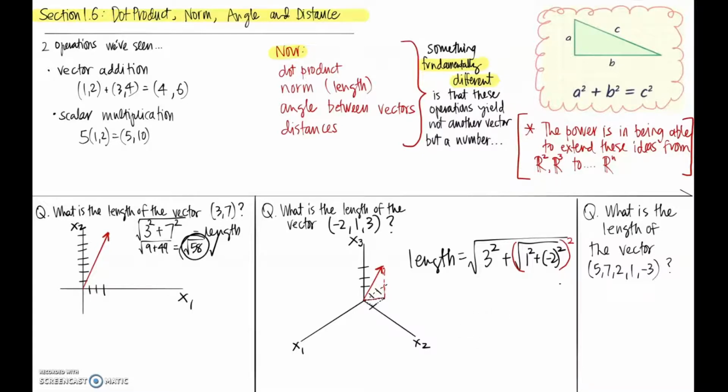So from here, this length will be 3 squared plus, okay, the square and the square root will knock each other out, 1 squared plus negative 2 squared. Okay, phew. This looks a little bit more like what the definition of norm should be.